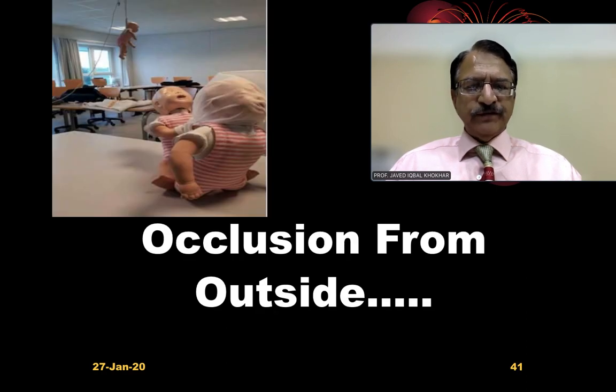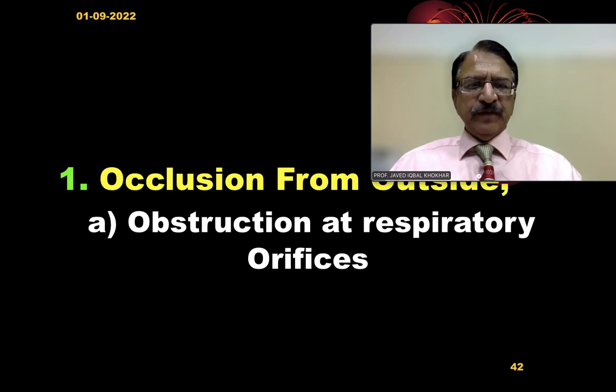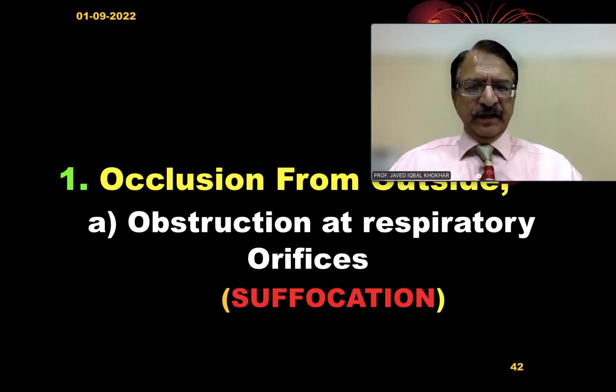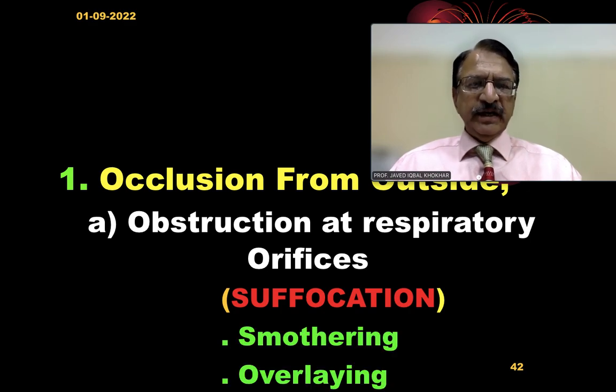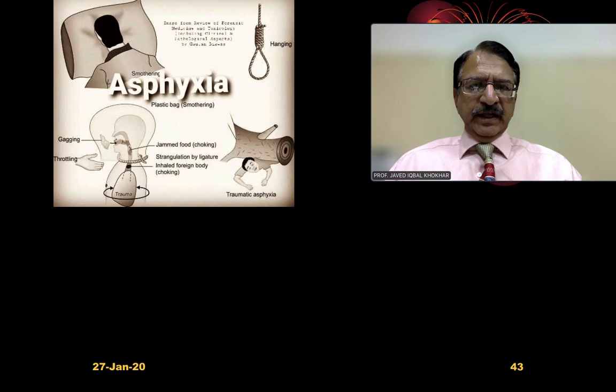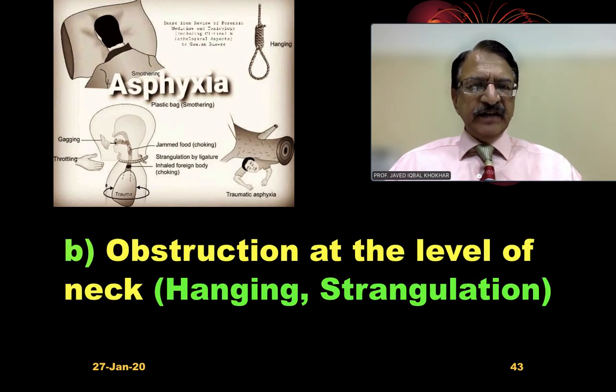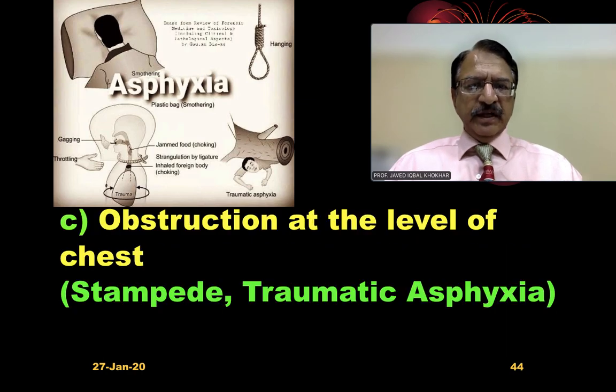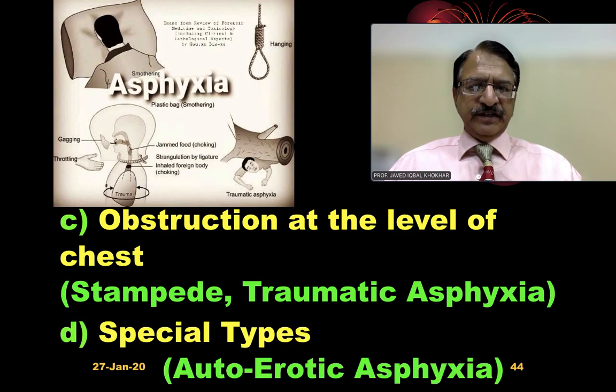Occlusion from outside can be obstruction at the respiratory orifices, that is suffocation, achieved by smothering and overlaying. The other is obstruction at the level of the neck, which happens in hanging and strangulation. Then obstruction at the level of the chest, that is stampede or traumatic asphyxia. And a special type is autoerotic asphyxia, which we'll discuss in later lectures.